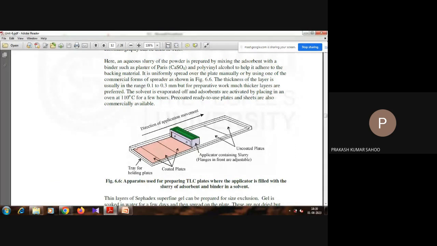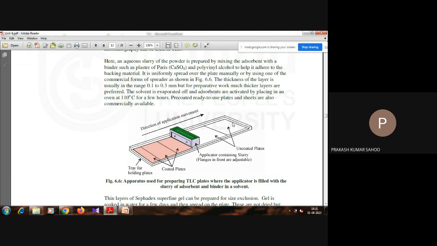So this is the thin layer chromatography plate, and this tray has coated plates. With the application of this applicator containing the slurry, the slurry is distributed uniformly through the plate.